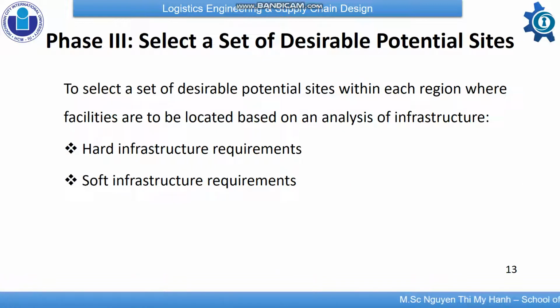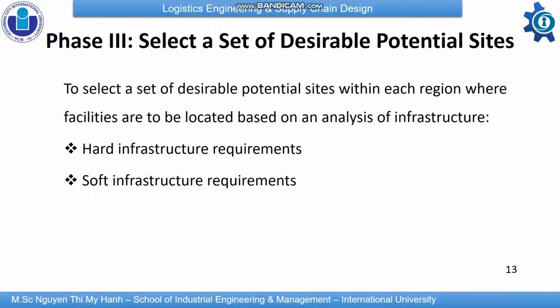In the third phase, we will select a set of desirable potential sites. To select the desirable potential sites, we have to do the analysis of infrastructure availability, and we separate the infrastructure into two types. The first one is hard infrastructure requirements, and the second one is soft.